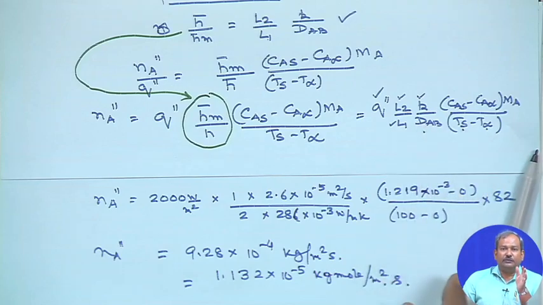So, essentially what you see here is the advantage of using the analogy. Since the Prandtl number and Schmidt number are equal and Reynolds numbers are also equal, since the length scale and the velocity vary in such a way that length times velocity remains constant, the functional form of dimensionless concentration and dimensionless temperature would be identical.